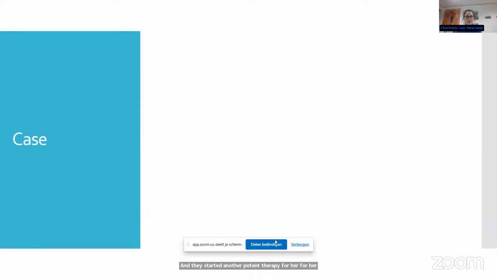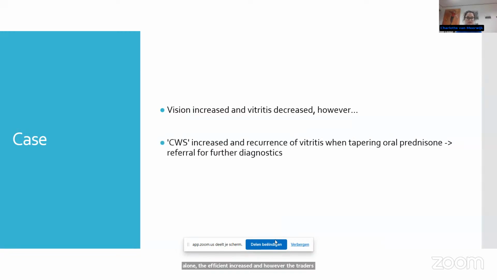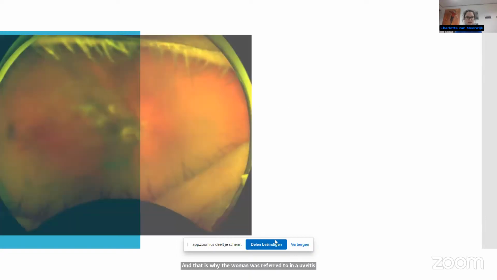However, after starting her systemic prednisolone, the vision increased and the vitritis got better, but the cotton ball spots, or the white lesions they saw in the center, increased and recurred, and the vitritis also recurred when tapering the oral prednisolone. That is why the woman was referred to an uveitis specialist center. And this is the image that we saw.